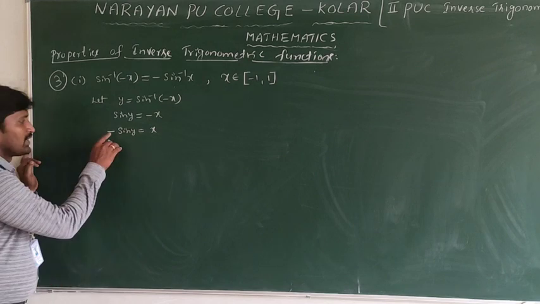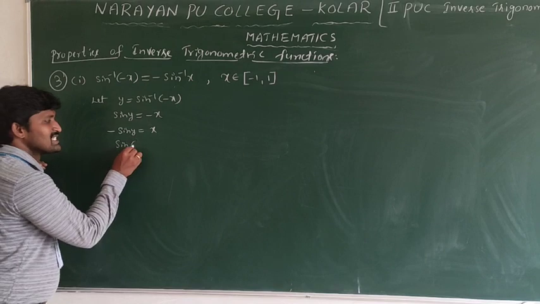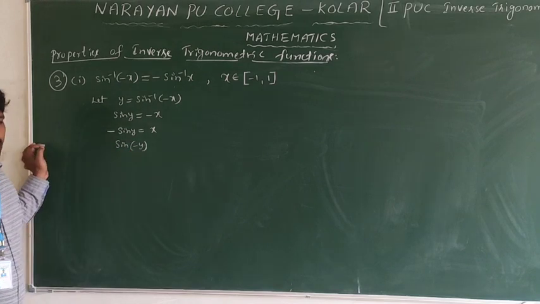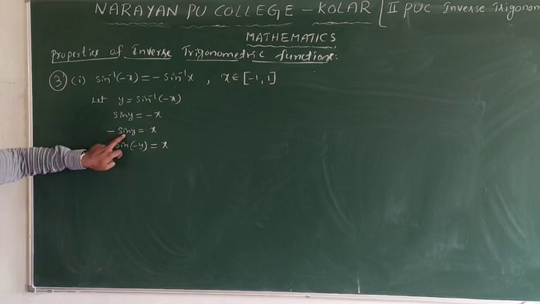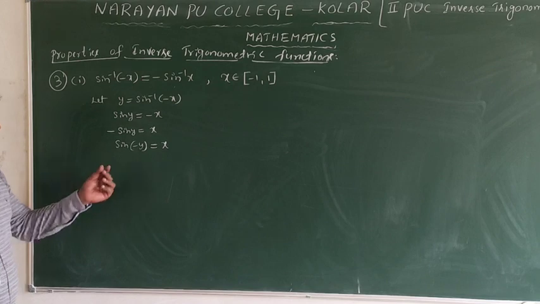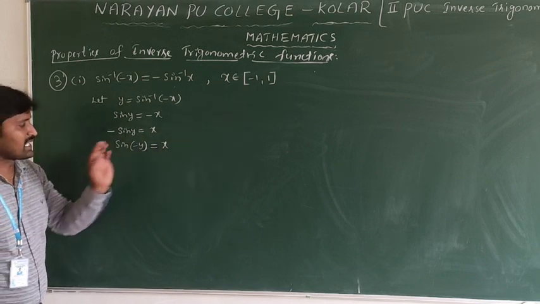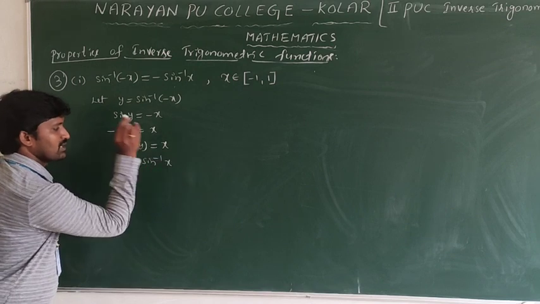Now, minus sin theta we can also write as sin of minus theta, so sin of minus y equal to x. Now take sin to the right side, it becomes sin inverse of x.